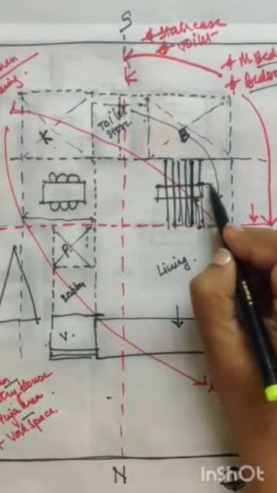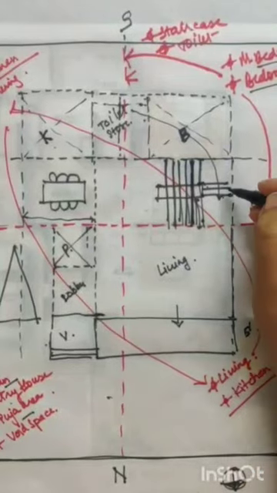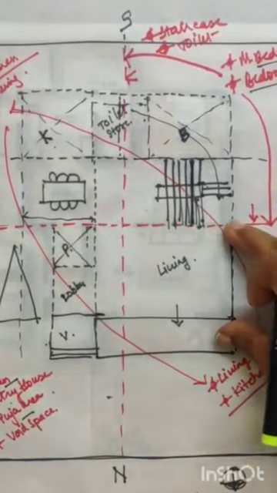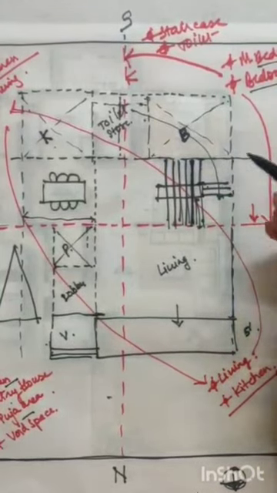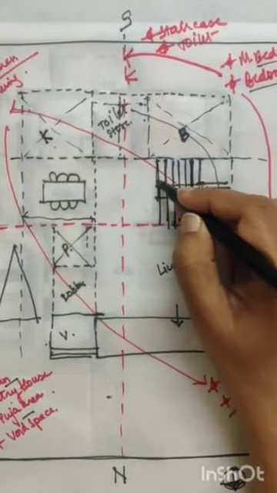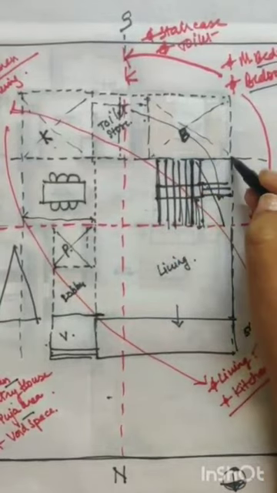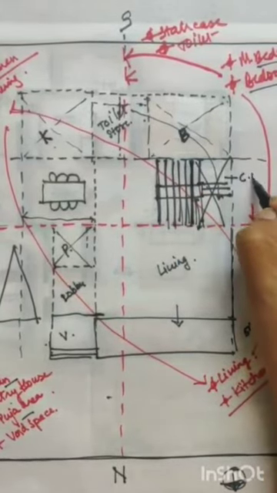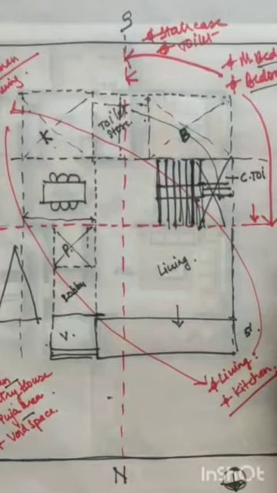Whatever is remaining, I'm going to place the steps here. These steps I can extend more by pulling this down, but let me see how many steps I fit in. Okay, so at the max I reach out here. Here I plan a common toilet. I hope it's getting clear to you all.